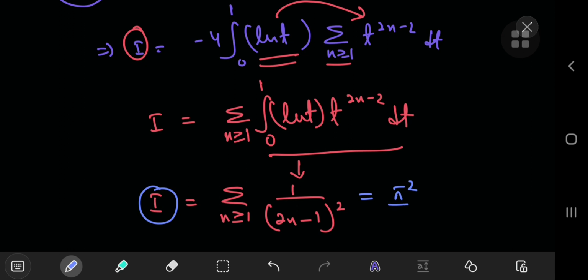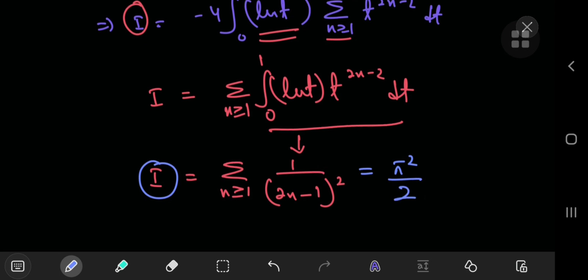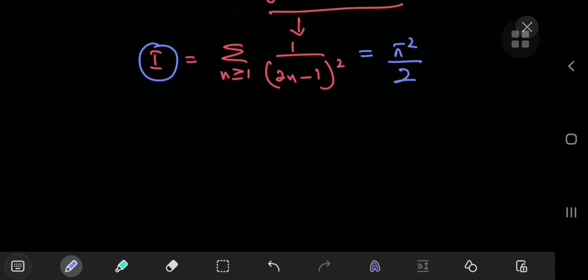It converges to pi squared by 2, which is pretty wild, to be honest. I mean, these are integers, and we're doubling them, subtracting one from them, squaring, reciprocaling them, and suddenly when you add all of them up, you get something that involves pi, which is quite beautiful. Wild, but quite beautiful. And it gets even better.